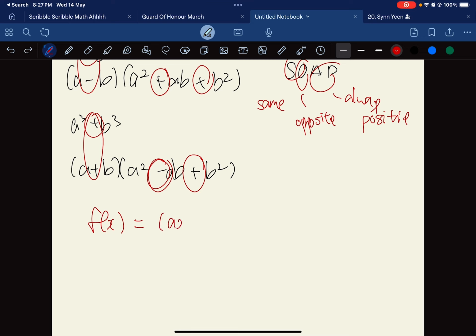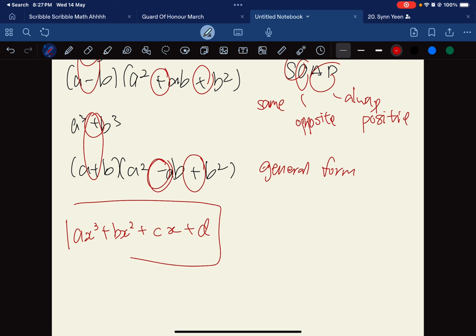Like maybe this has a degree of 3. The general form of this is ax cubed plus bx squared plus cx plus d. General form means it should look like this, in general.